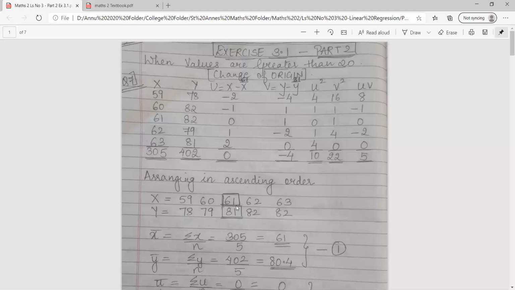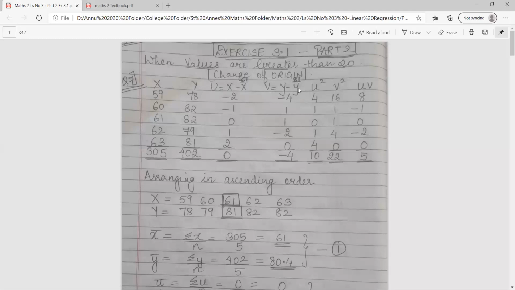So class, with this, we start with our table first. Now, if you have gone through the introduction video class, in that I have shared 2 types of formulas for values less than 20 and values greater than 20. So in that I have already told you all that the variables X and Y will get replaced by the variables U and V. The formula for U is X minus X bar and the formula for V is Y minus Y bar.